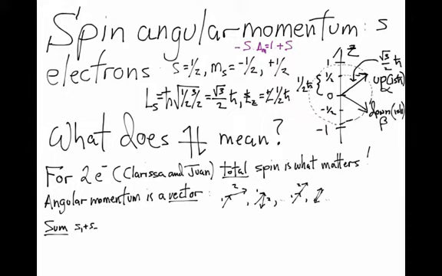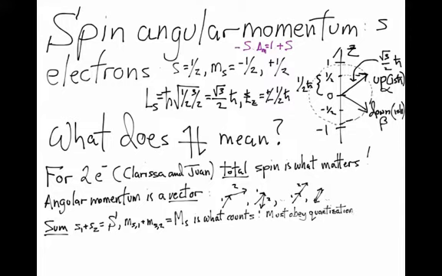So the quantization rules are that we're going to call the sum of those two spin totals capital S, and the sum of the two m values capital M sub s, and that's what matters. That's the thing that's going to be quantized. So those guys have to obey the rules of quantization of angular momentum.